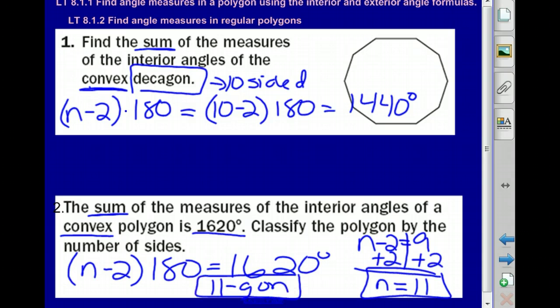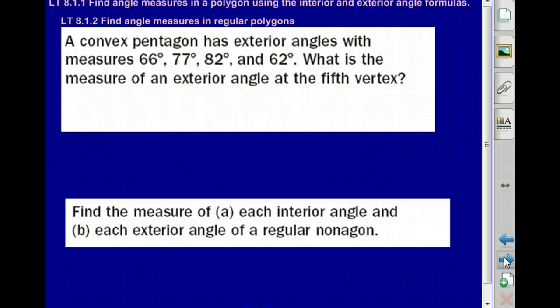Okay, two more examples quickly. A convex pentagon. Pentagon means 5. It has exterior angles with measures 66, 77, 82, and 62. What is the measure of an exterior angle at the 5th vertex? So pentagon means 5 sides, and there will also be 5 angles. So I need 5 angle measures, and I only have 4.